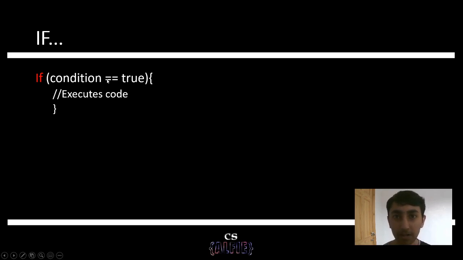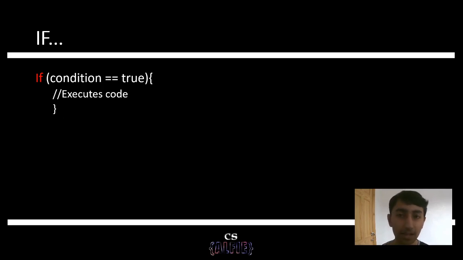If you remember back to the previous section where we looked at conditional operators, if that statement returns true or 1 as we saw before, it will execute the code in these curly brackets. If the statement given in the brackets is true, this code is executed.